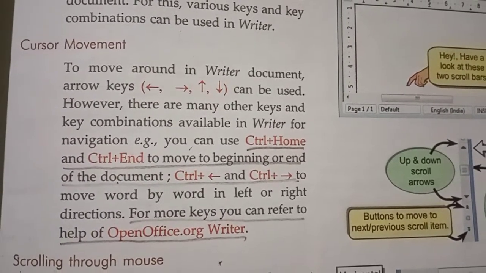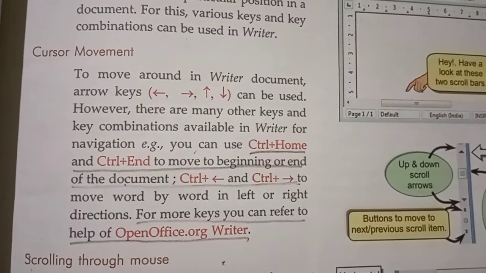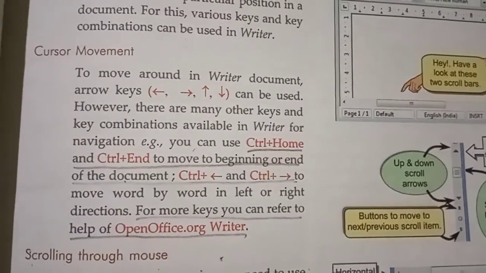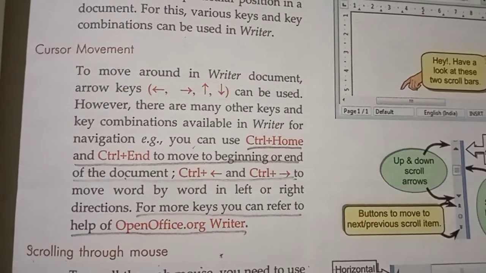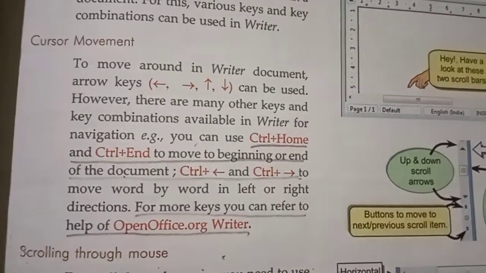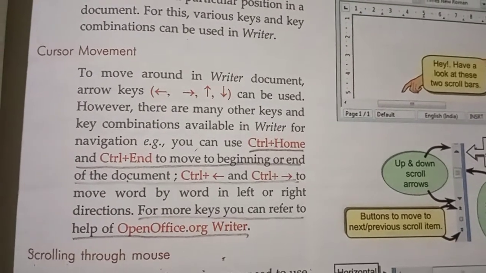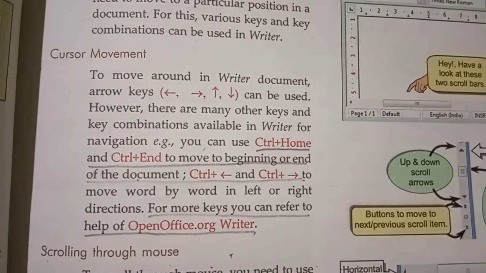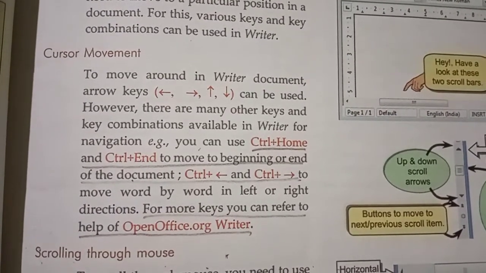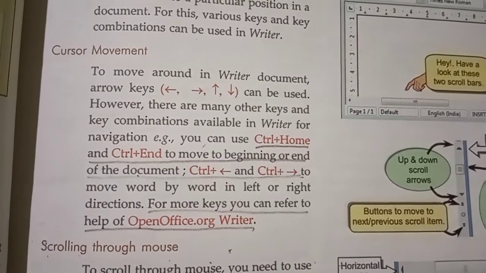For example, if you want to move to the beginning or end of the document, for example, if you are typing something, and you need to move to the start of that document, the beginning of that document, you can simply press control plus home. Then if you want to move to the end of the document, you can simply press control plus end. So control plus home and control plus end.